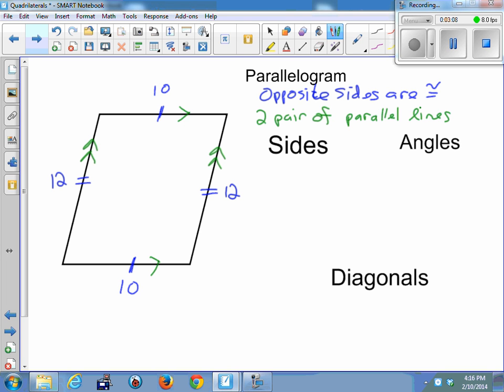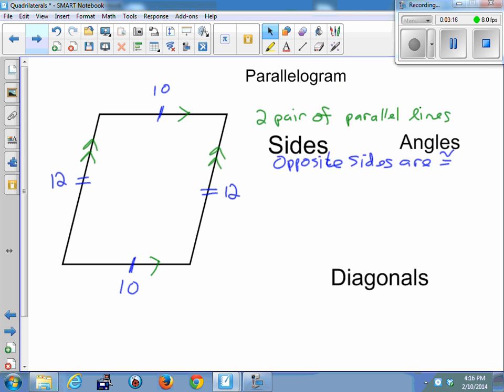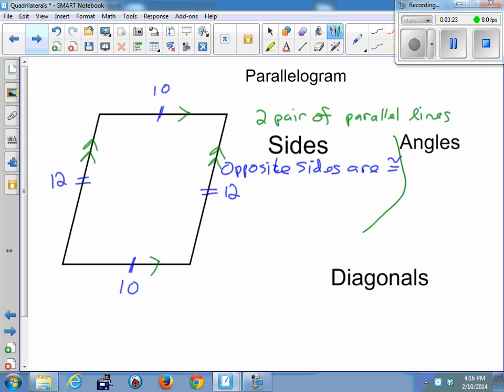Now, some things come with that a little bit extra besides just those two things. So the sides, again, opposite sides are congruent. Now the angles. Opposite angles are congruent.